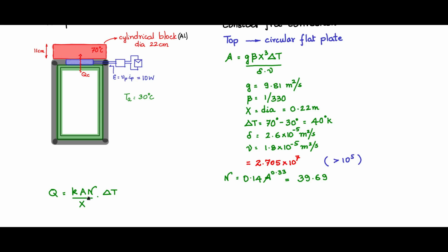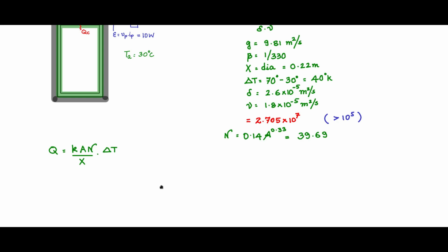Now we know everything. We know the thermal conductivity of air. We know the area of cross section of the circular plate on top. Nusselt's number is known, X is known, which is the diameter 0.22, delta T is 40 degrees Kelvin. So if we substitute, let me do that.